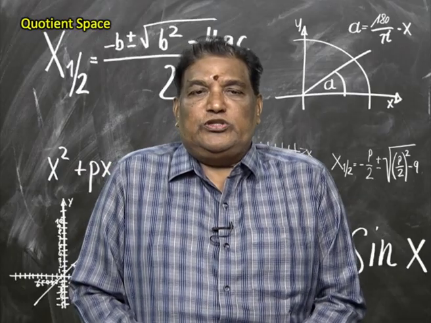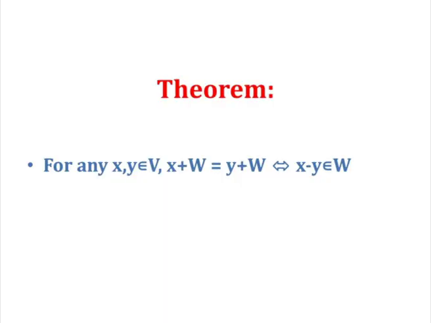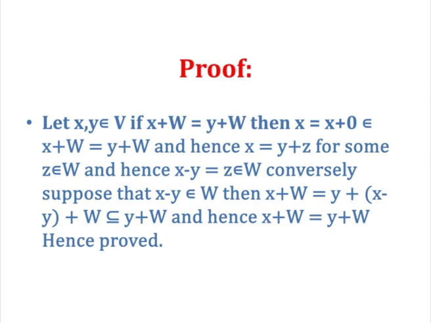Theorem, the first and most important theorem: for any x, y belongs to V, prove that x plus W equal to y plus W if and only if x minus y belongs to W. Proof: let x, y belong to V. If x plus W equal to y plus W, then x equal to x plus 0 belongs to x plus W, that equals y plus W, and hence x equal to y plus z for some z belongs to W, and hence x minus y equal to z belongs to W.